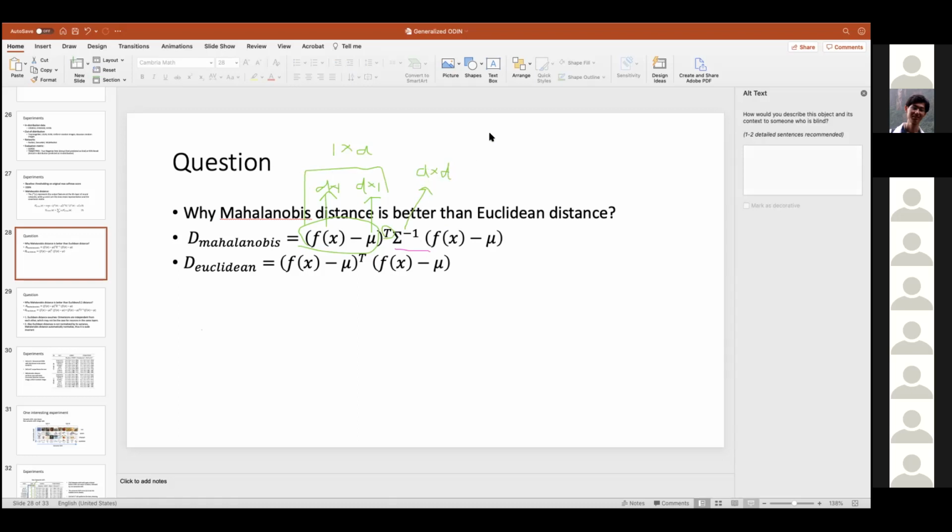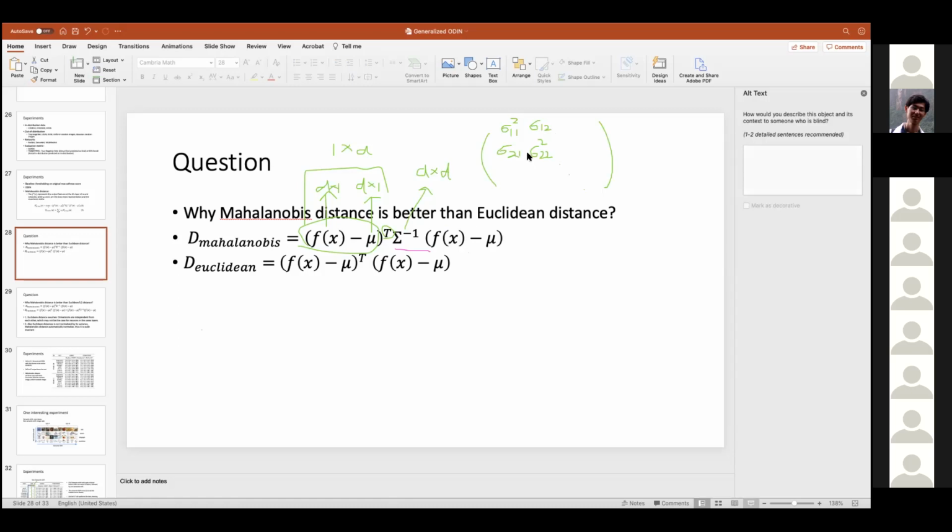If you expand this covariance matrix, then it's like this. First of all, the diagonal entries are the variance for different dimensions. And the off-diagonal entries are the covariance between different dimensions. Do they need to be square?